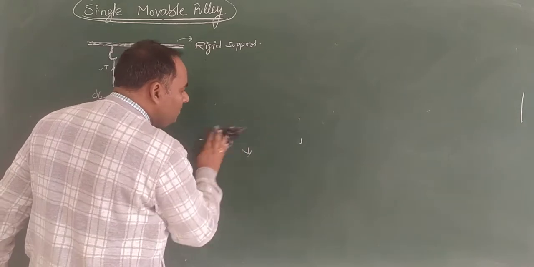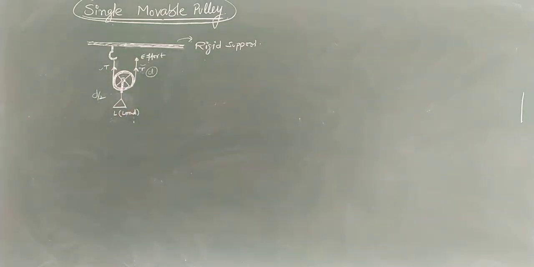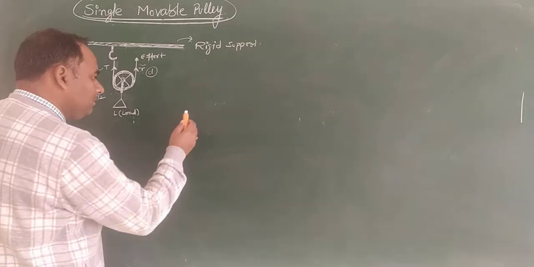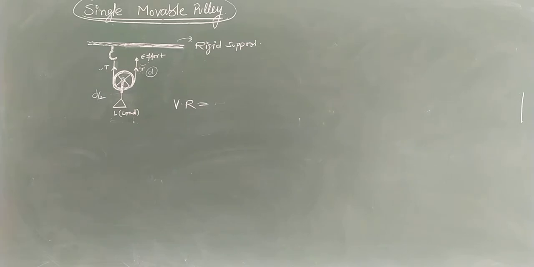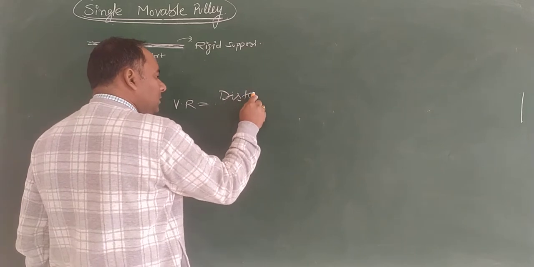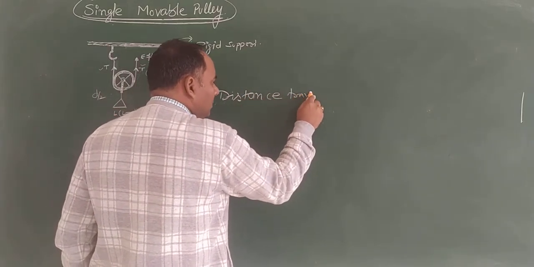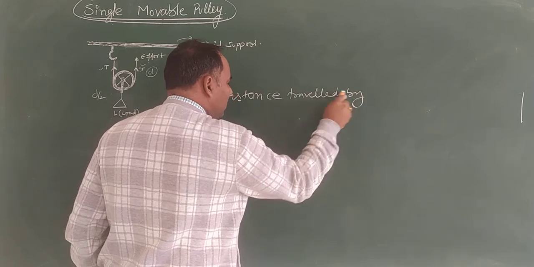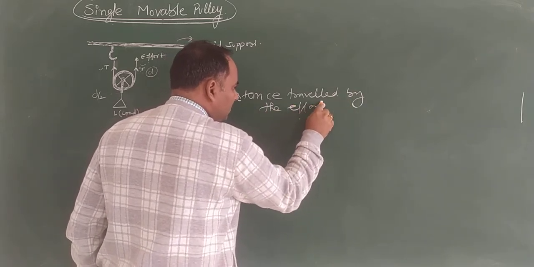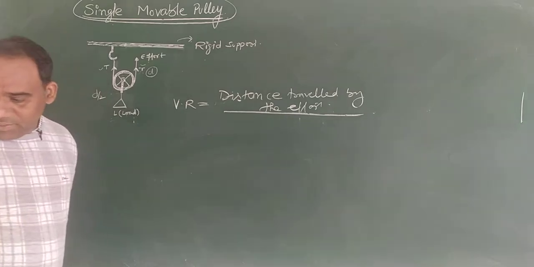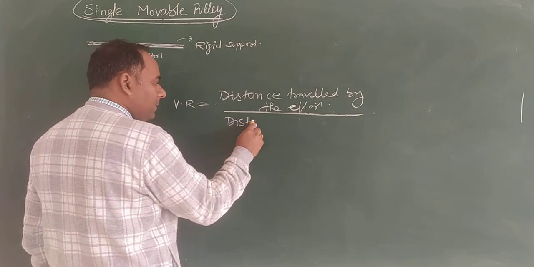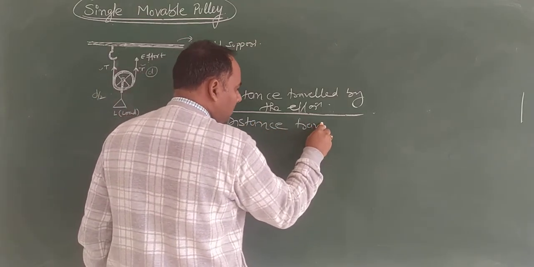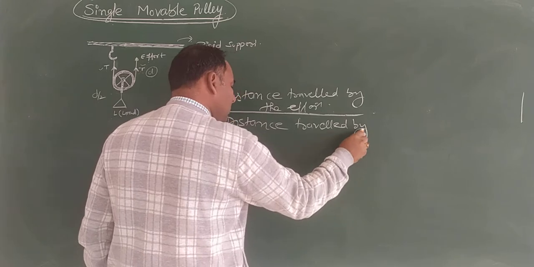So what is the velocity ratio? Velocity ratio is equal to the distance traveled by the effort upon the distance traveled by the load.